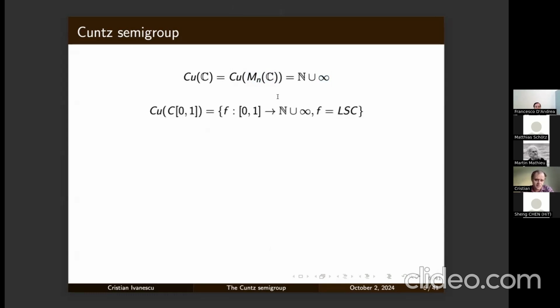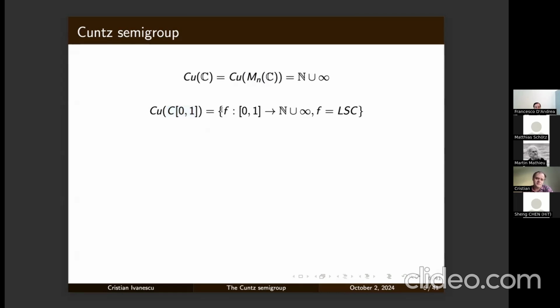Now, there is another calculation, which I'm actually going to explain a little bit how it is obtained. If you look at the Cuntz semigroup of continuous functions over [0,1]. Obviously, because of the stabilization, this will be the same thing as continuous functions on [0,1] with values in matrices, or if you like, values in compact operators.